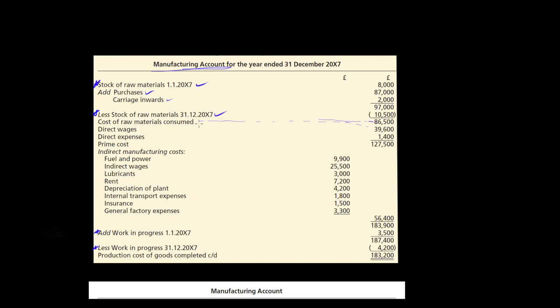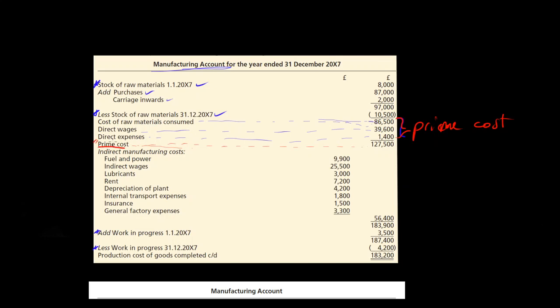Direct material consumed. Next, we have direct wages, which are 39,000 something, and then we have direct expenses. When we combine these three, what do we get? We get our prime cost. That's why they have written prime cost, and it's very important to write the heading prime cost.